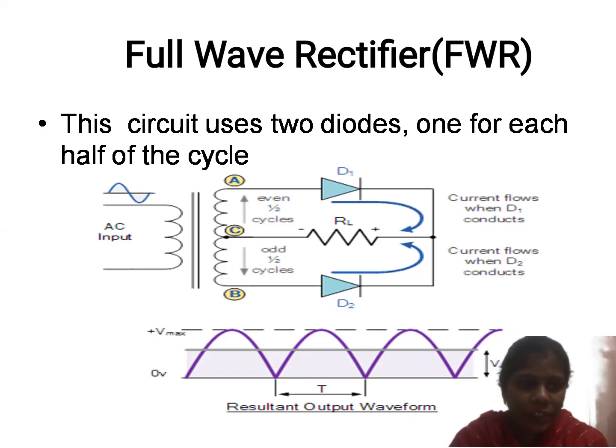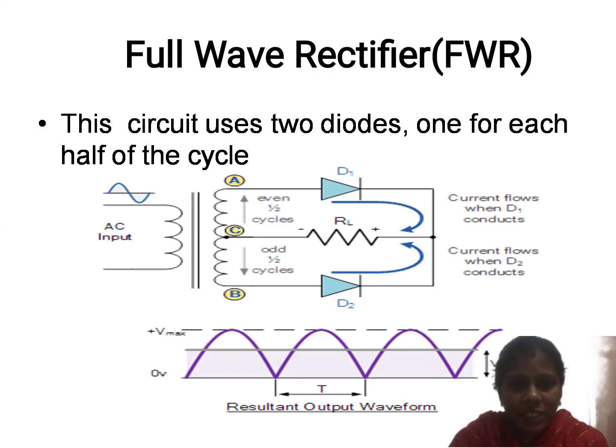So minus into minus becomes plus, so the anode terminal of diode D2 is supplied with plus and the anode terminal of D1 with minus. The potential at the anode of D1 is less than at its cathode, and the potential at the anode of D2 is greater than at its cathode. So diode D1 acts as reverse biased and diode D2 acts as forward biased.